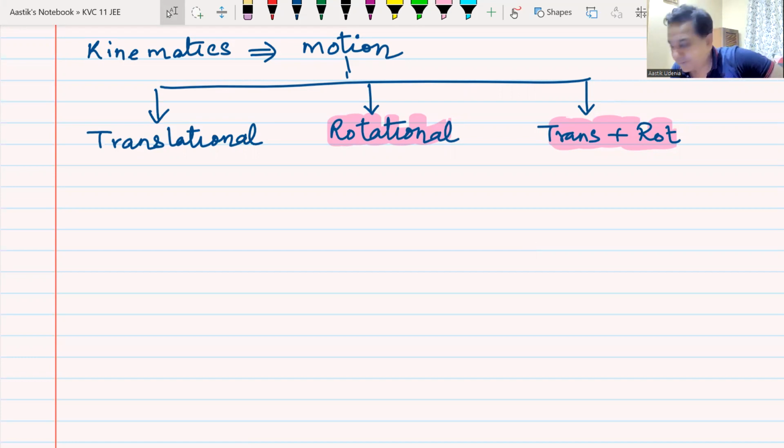What are we going to study now? What we are going to study now is pure translational motion. Do we understand this?